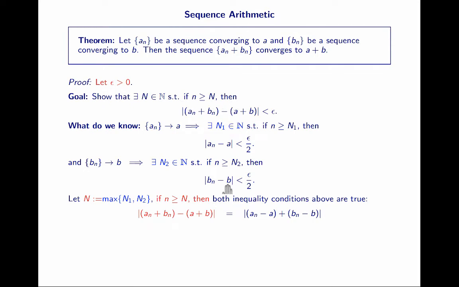I rearrange, so my equality doesn't become an inequality because I'm just rearranging things. And now that I have this term, and I can bound this term and this term, I'm going to apply my triangle inequality. This is less than epsilon over 2, and so is this. And I have my result.